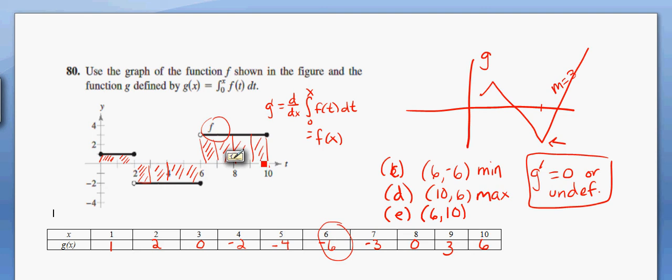In terms of the derivative, we're asking on what interval does g increase at the greatest rate? We're talking about the second derivative, because we're talking about the rate at which the derivative is increasing. If f is our first derivative, the second derivative would be all the slopes here.